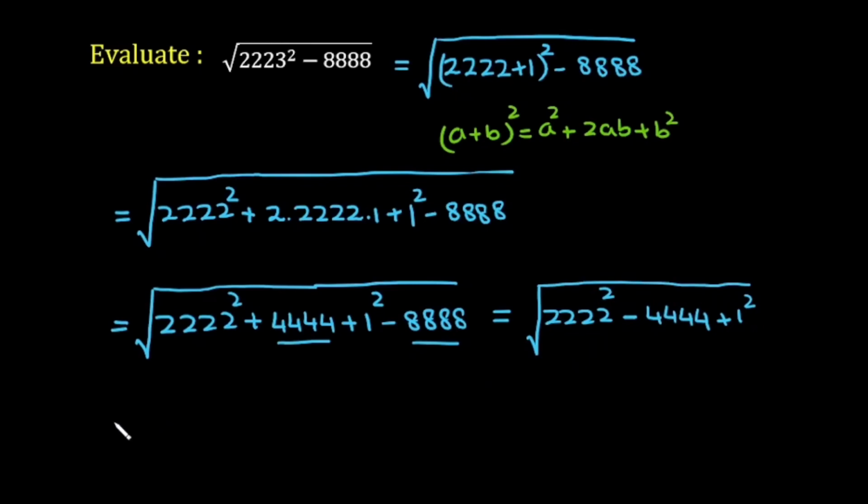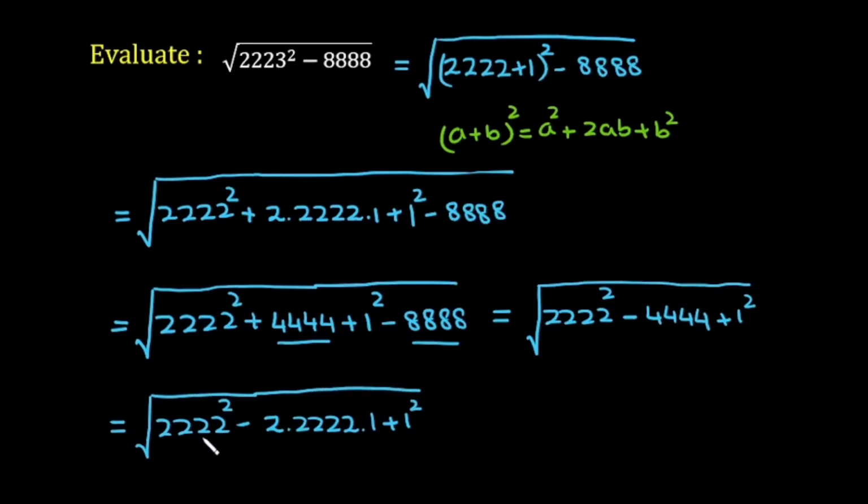So this is further equal to 2222 square minus this 4444. I am going to write 2 times 2222 times 1 plus 1 square under root.